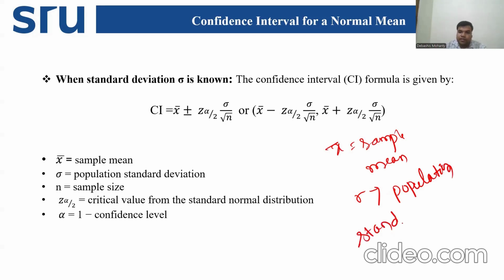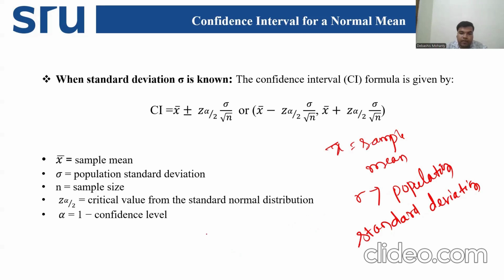The population standard deviation. N is the sample size, the actual size of the sample. That means either N value is 9 or 5 or 2 based on that.